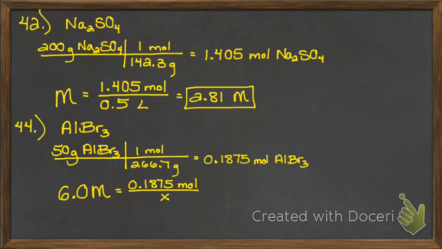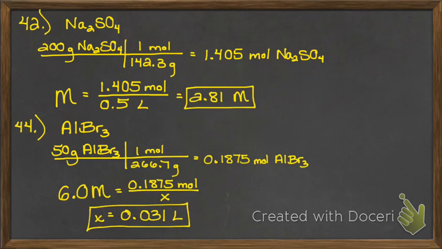And now I'm ready to round to, let's see, 2 significant figures. So I get 0.031, and that's a volume. Now think about what unit that volume is going to come out in. Liters. Final answer.